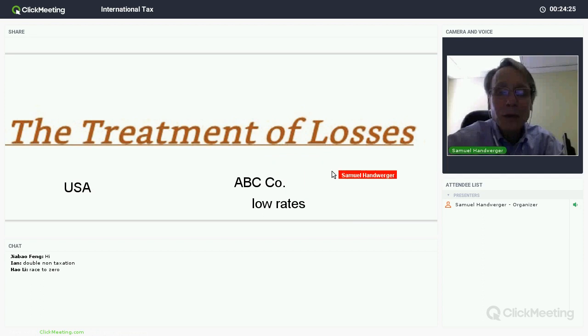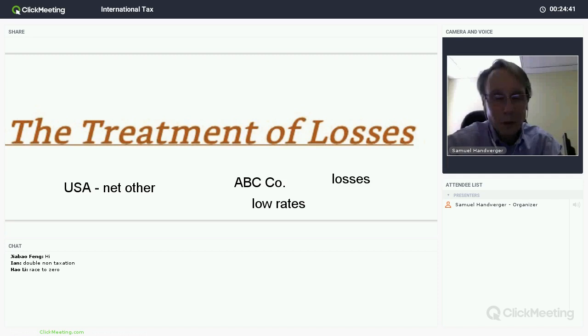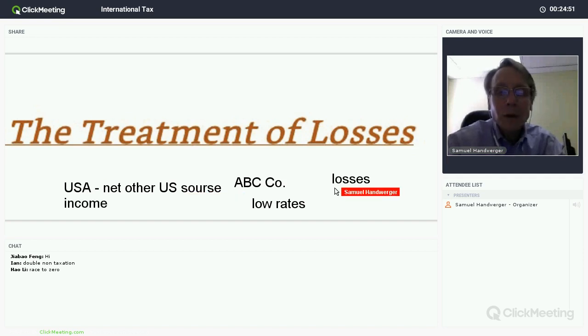And what happens if there are losses here? Since the United States is a worldwide taxation, those losses are netted against other U.S. source income. Meanwhile, that might make sense because we tax worldwide.